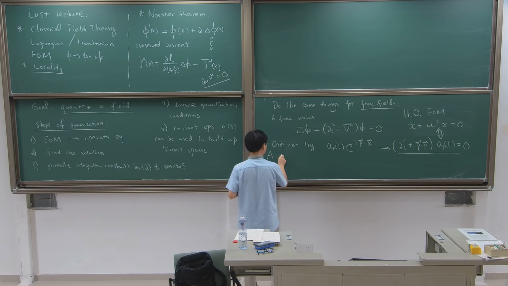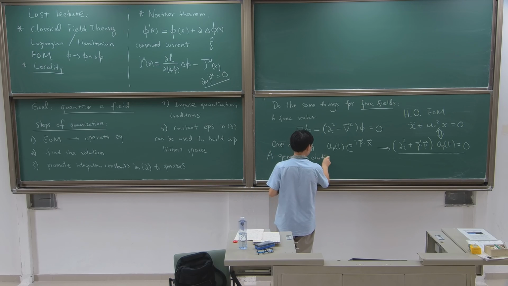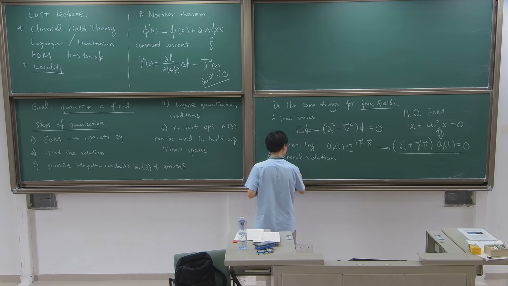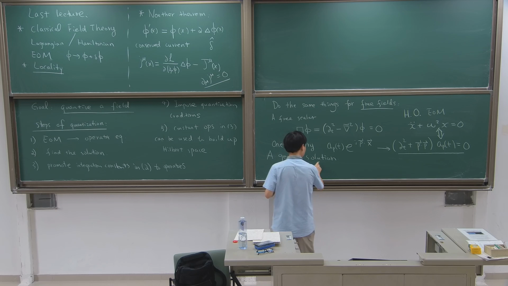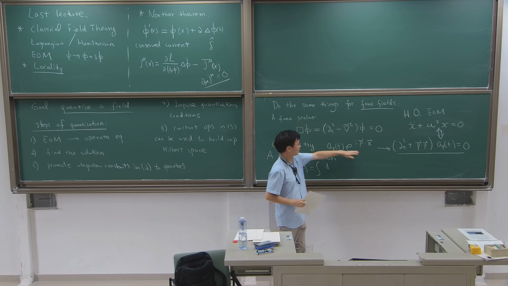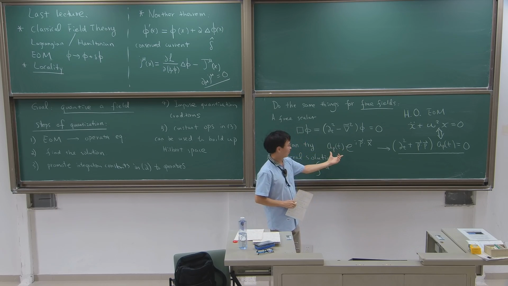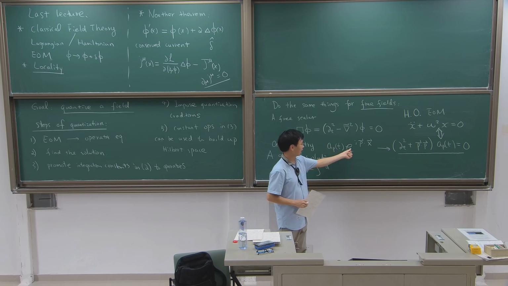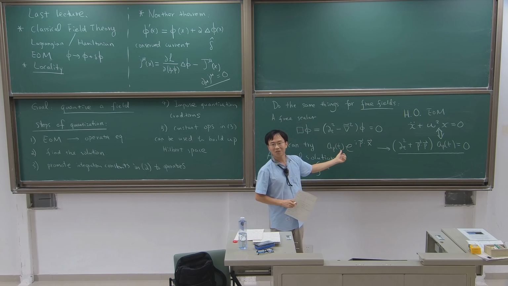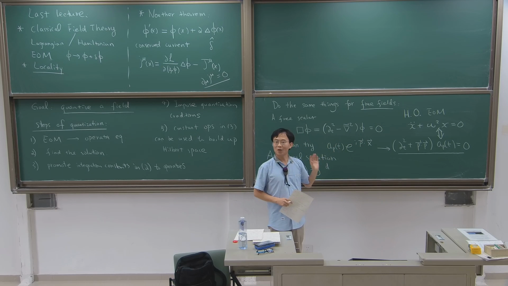So a general solution will be φ(x,t) equals to, you see, here I treat this as a special solution. And you can easily check that once you get A_p(t), together with this factor, any linear combination of this object combined in the p space will also be a good solution.